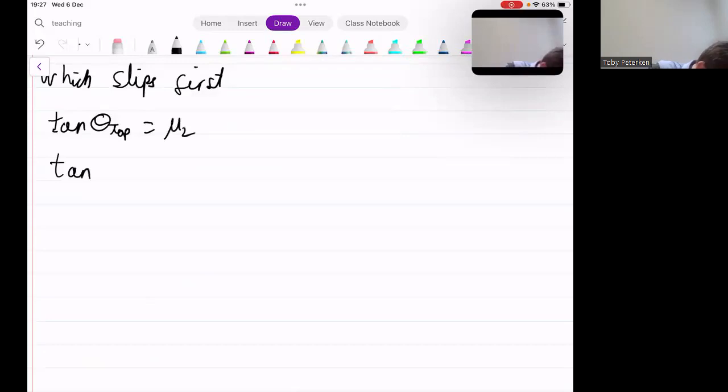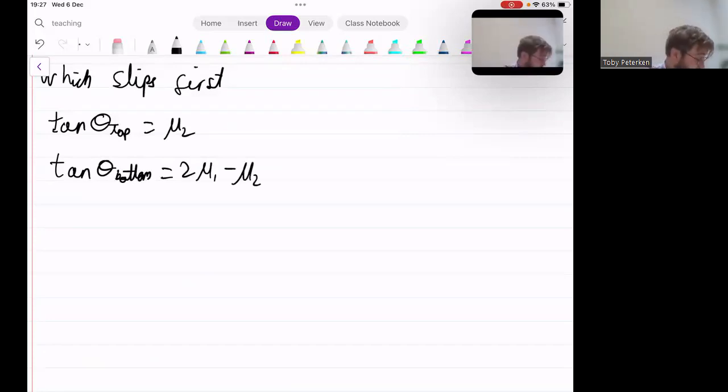And the angle at which the bottom book slips is tan theta equals 2 mu1 minus mu2. Okay.